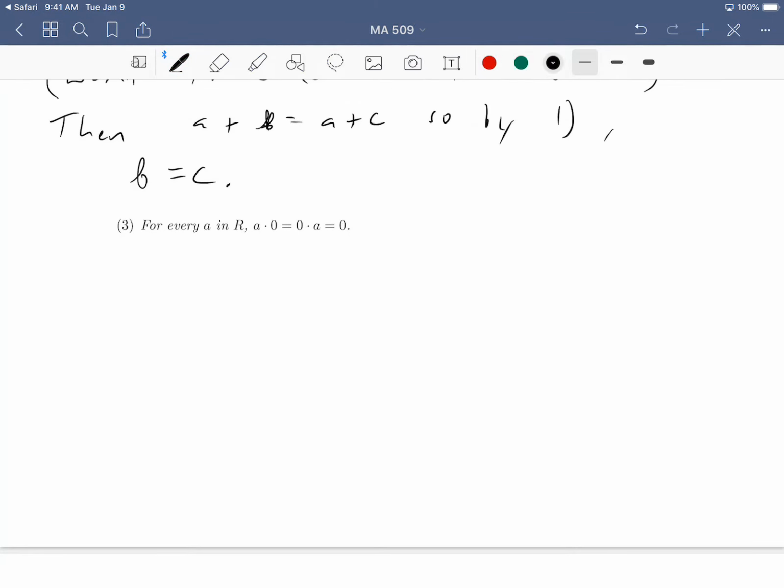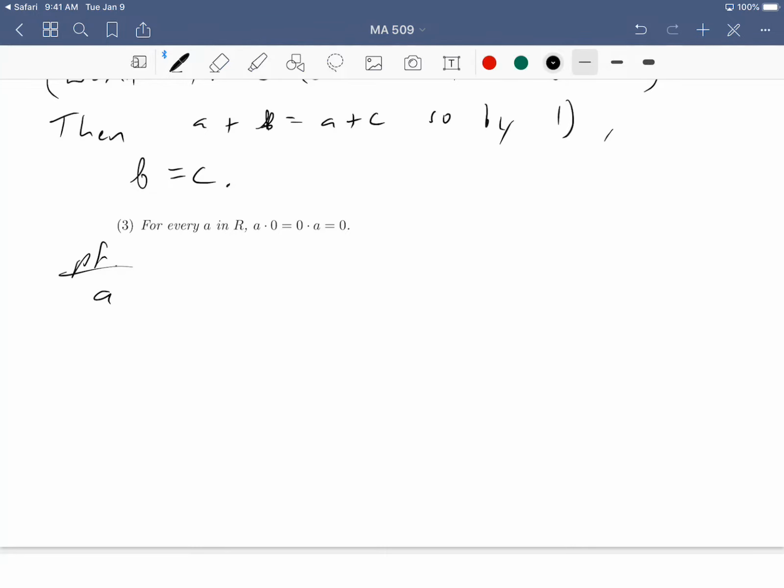All right, next one. Multiplication by 0 wasn't mentioned at all in the definition of a ring, but it turns out that the definition of a ring still tells us that a times 0 is 0, and 0 times a is 0. We're going to prove this in a little bit of a weird way.